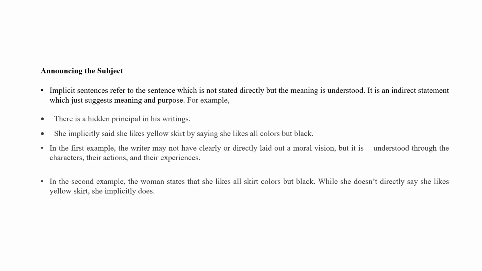In the first example, the writer may not have clearly or directly laid out a moral vision, but it is understood through the characters, their actions, and their experiences. In the second example, the woman states that she likes all skirt colors but black; while she doesn't directly say she likes a yellow skirt, she implicitly does.